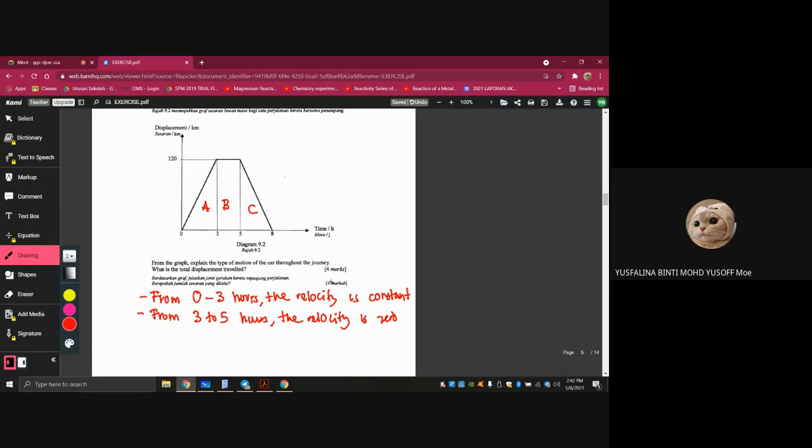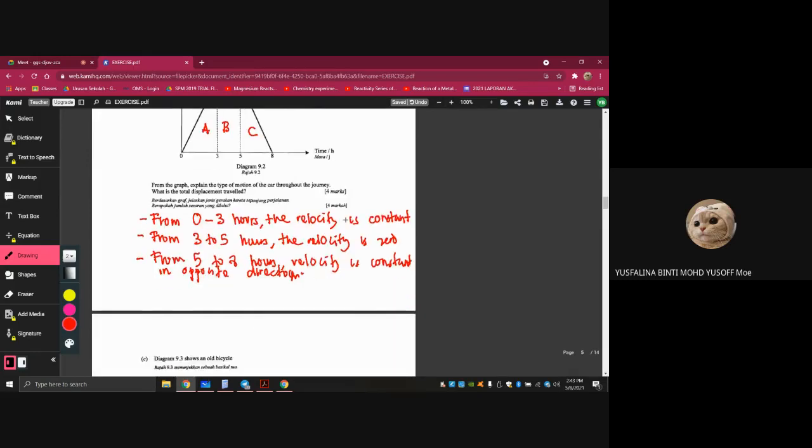And from 5 to 8 hours, the velocity is constant, but in the opposite direction. Yes, very good.